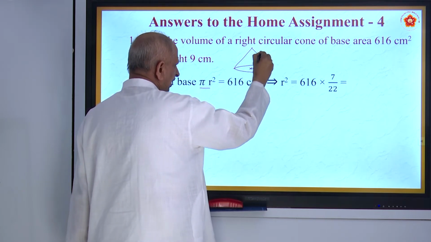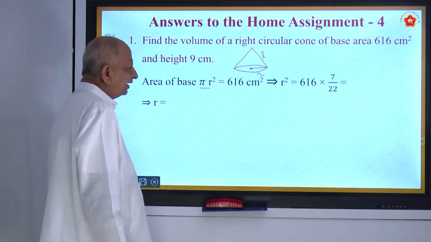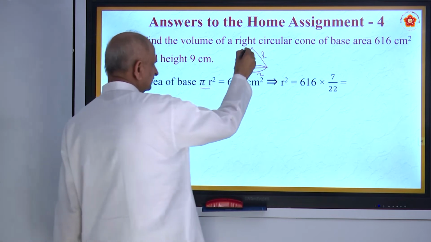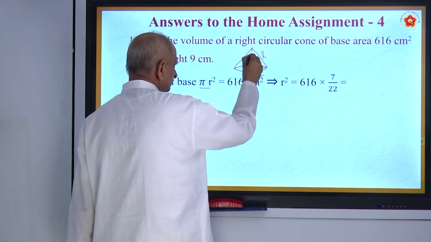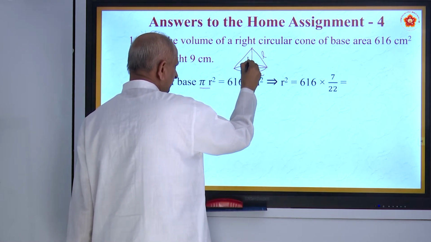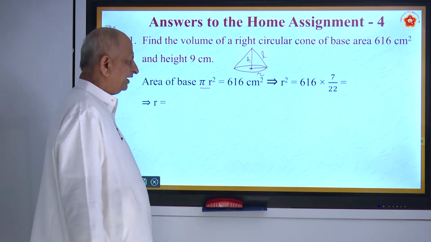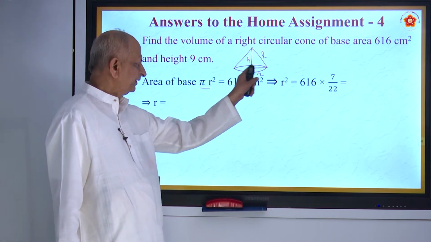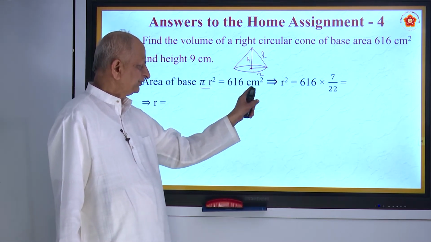We call it R, and there is the slant height. When you say height, it means vertical height. So the area of the base is pi r square, 616.